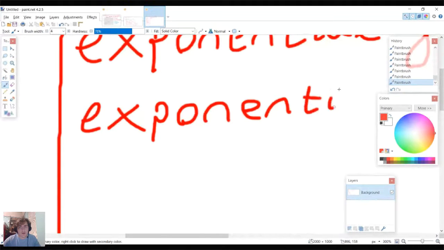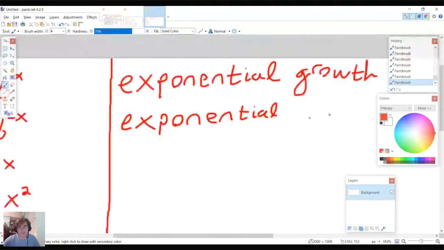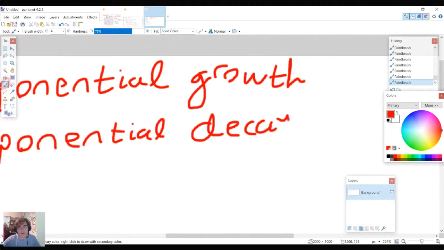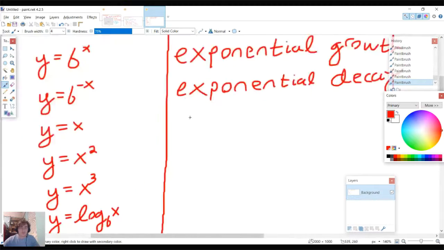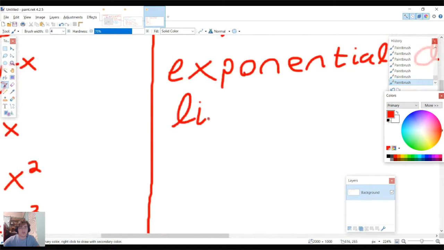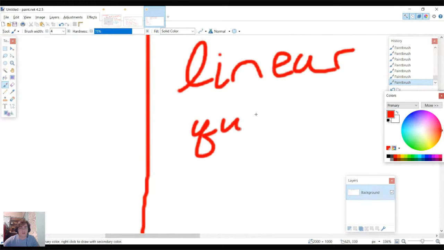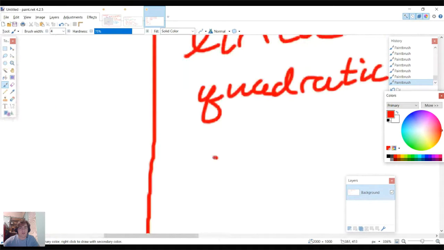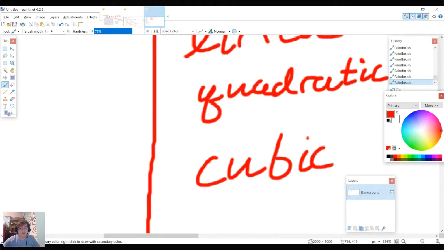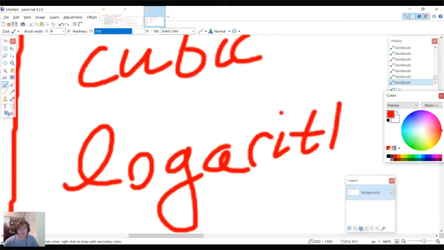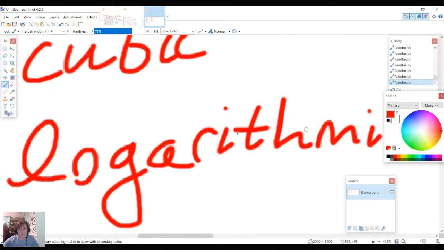The next is linear, then quadratic, then cubic, then logarithmic.